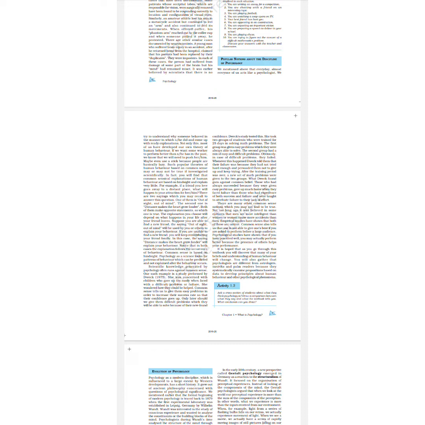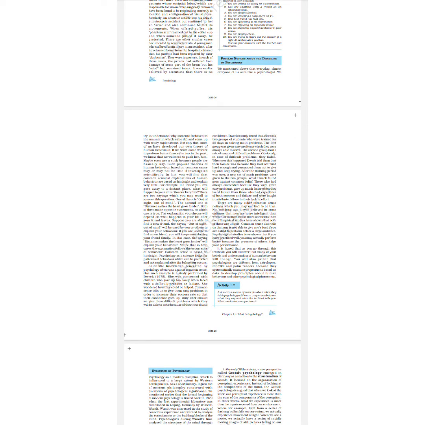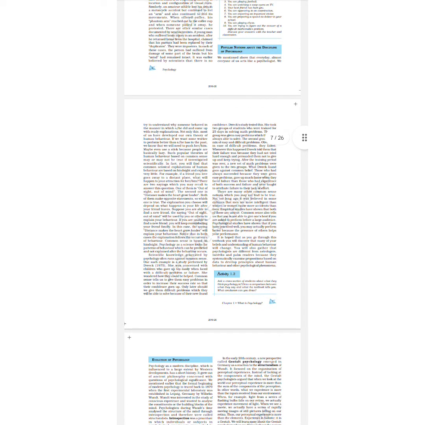The next thing that is explained under this point is the question: what is the difference between the common sense explanation of human behavior and the psychologist's explanation? You will find that there is a lot of difference. You must know the meaning of the word hindsight.